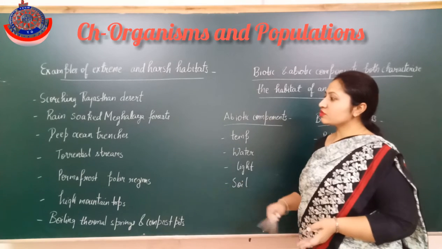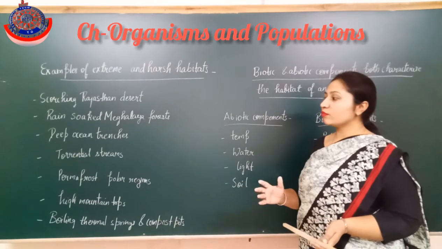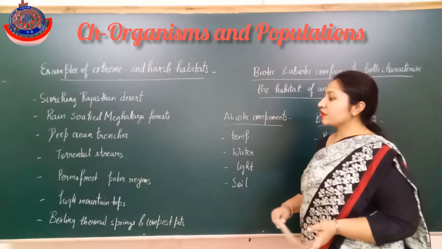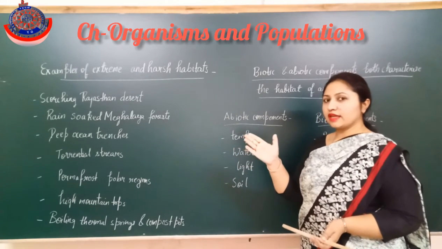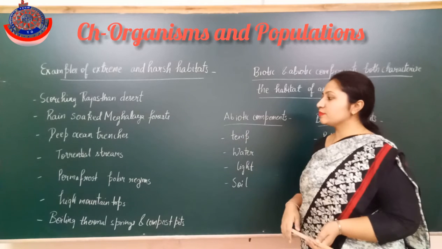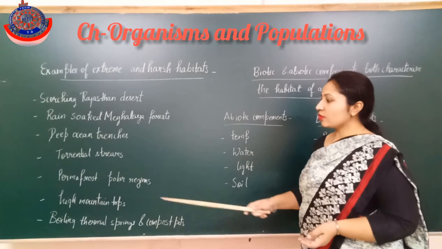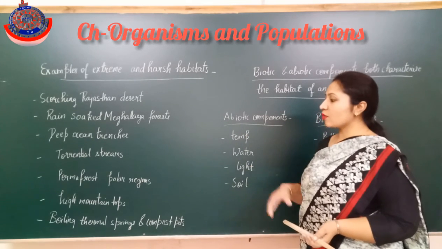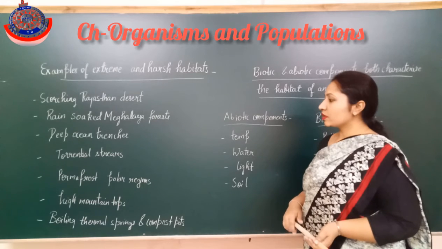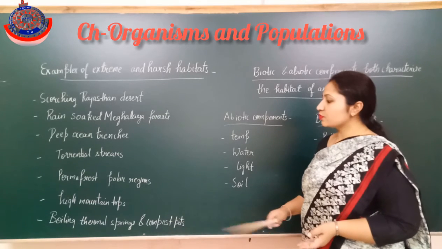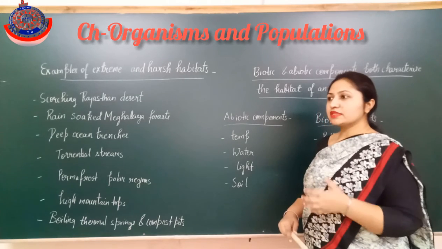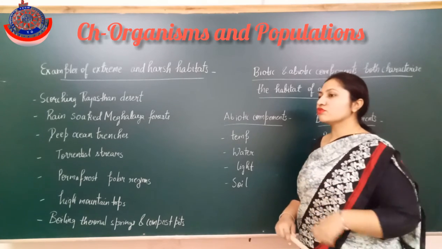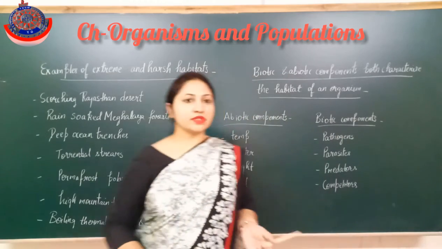Next, the torrential streams, where it rains very hard. Next is permafrost polar regions, where the temperature is below 0 degrees Celsius. Next is high mountain tops also; life persists. Next are boiling thermal springs and compost pits, where life persists despite the high temperature.